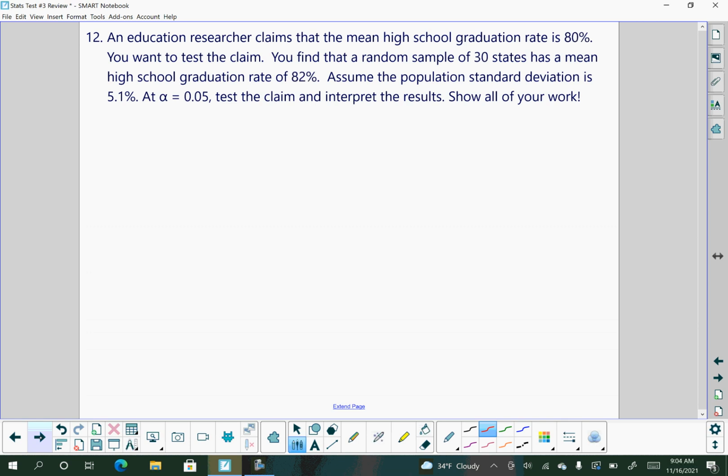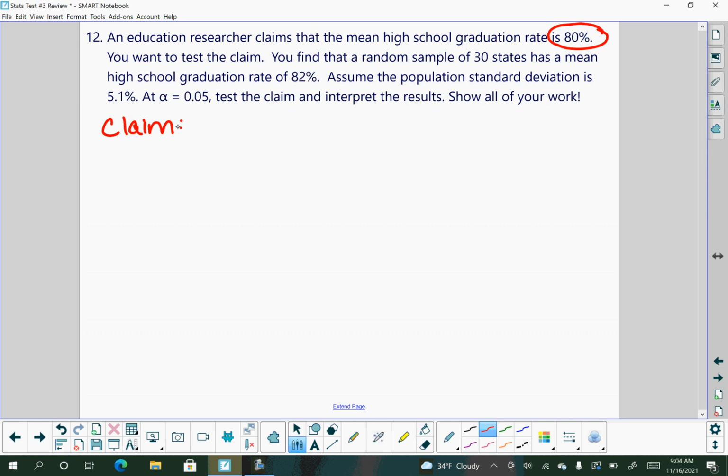Okay, so anytime we're dealing with percentages, we're dealing with proportions. So now instead of means, even though it's a mean that we're looking at for that percentage, we're going to be using a P instead. So P is the population parameter and P hat is the sample parameter. All right, so some different things that we need to pull out from this. We'll start with our claim and our alternative and our null, like the last one.